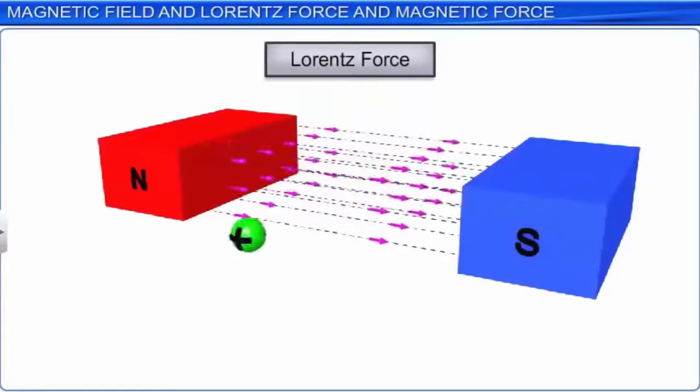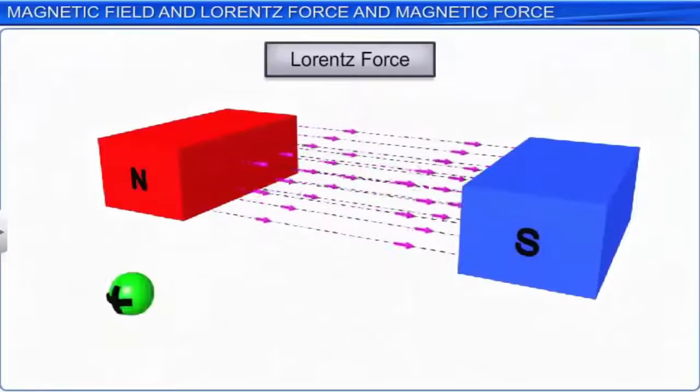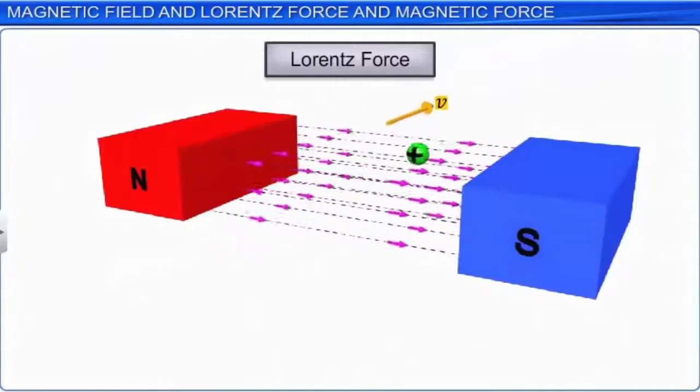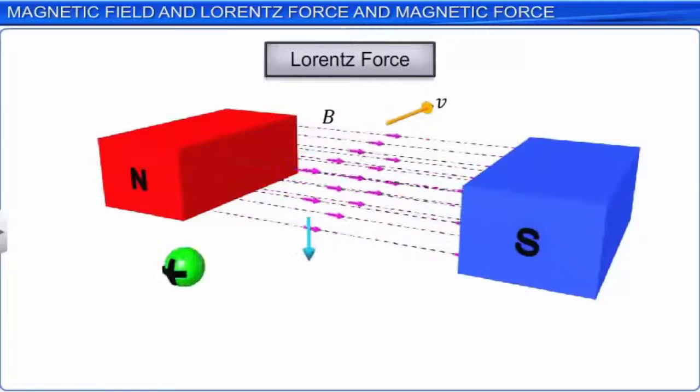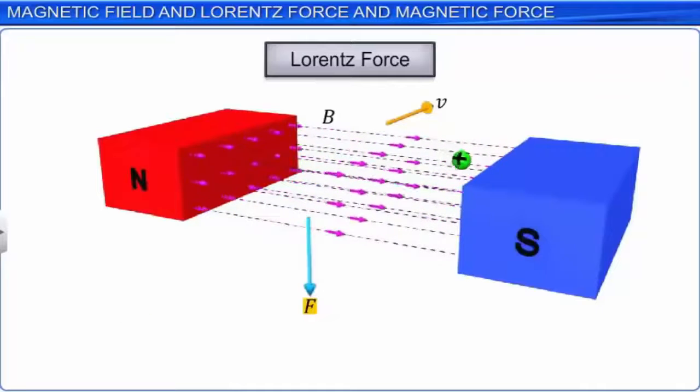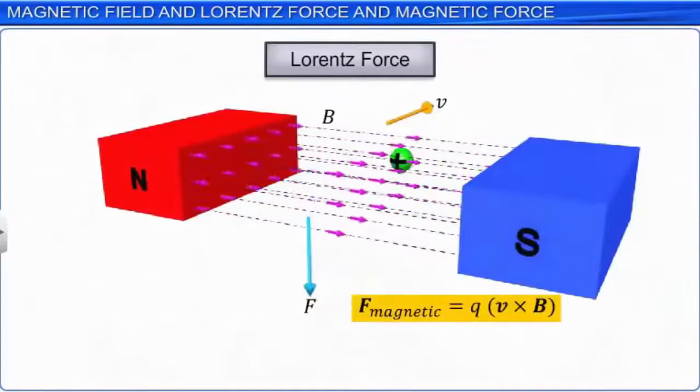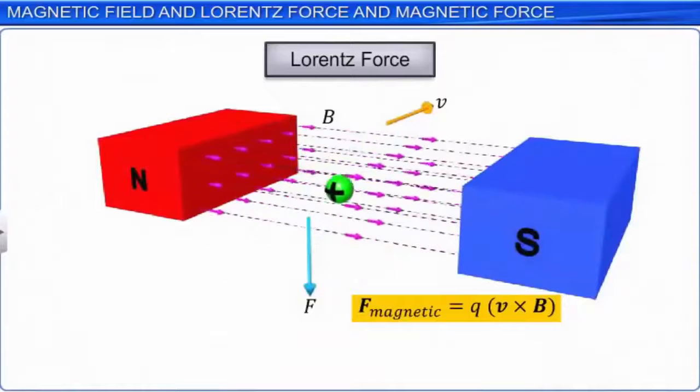Consider another charge of Q coulomb moving with the velocity of V in the magnetic field B. Here, the force acting on the moving charge due to the magnetic field is F magnetic is equal to Q into V cross B.